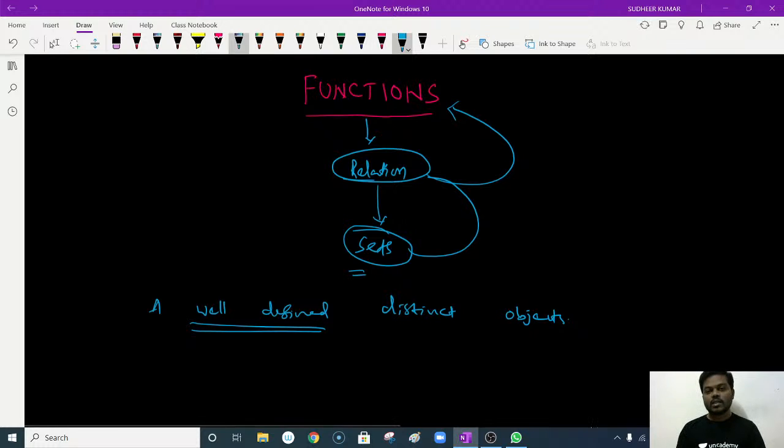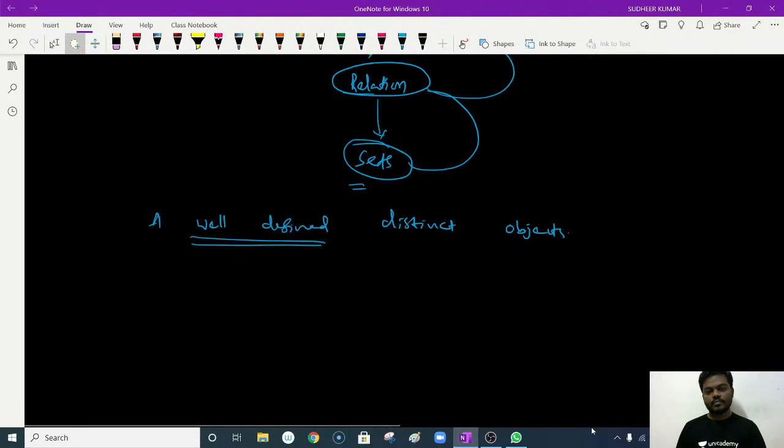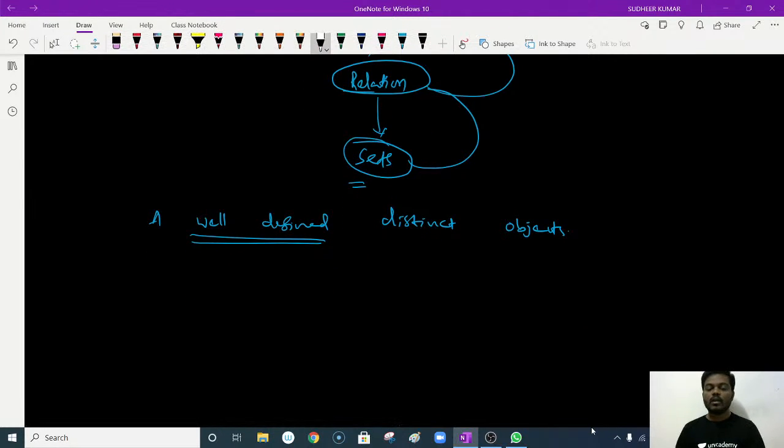Suppose we take honest person. In his view he may be an honest person, but in others' view he may or may not be. So we cannot decide it directly. Only if we can definitely say it, then we say the object belongs to a well-defined collection.